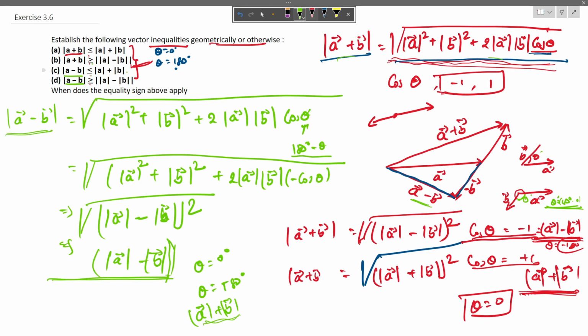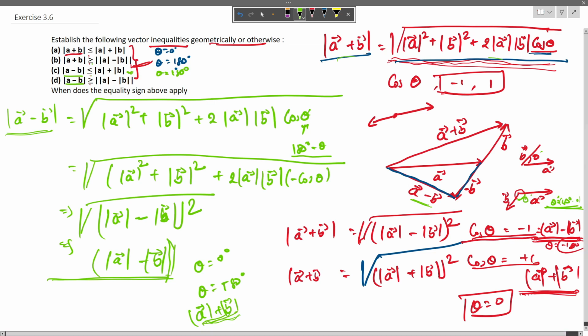So the equality will hold when theta equals 180 degree, because the maximum that it can have is a plus b, else it is always going to be less than that, and the least that it can have is a minus b, which can be clearly seen in the option D when theta equals 0 degree, like in this case.